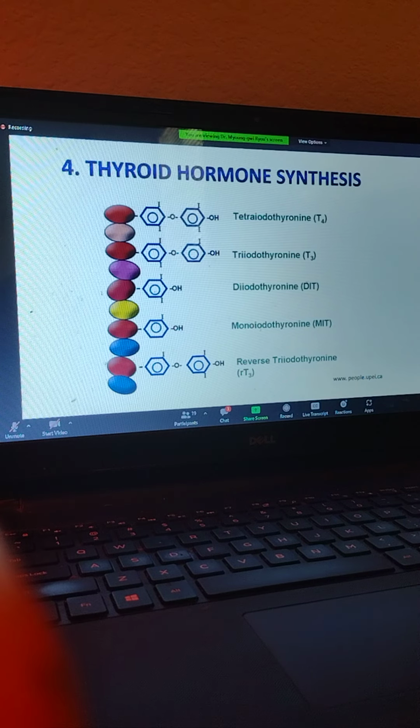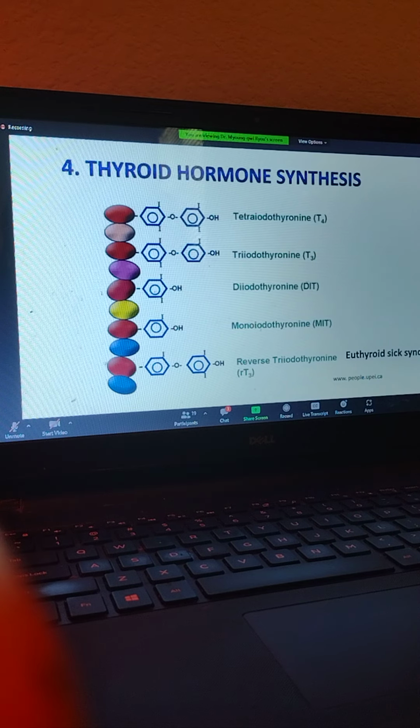Again, instead of the 5' position, the deiodination happens at the 5 position, right? And then it is the reverse triiodothyronine, the RT3.